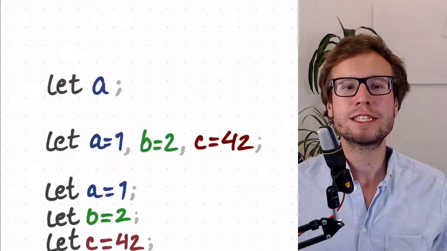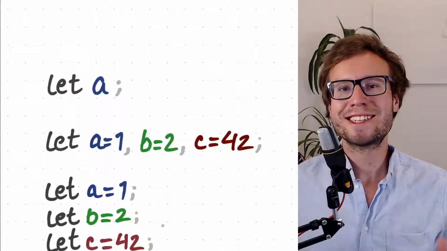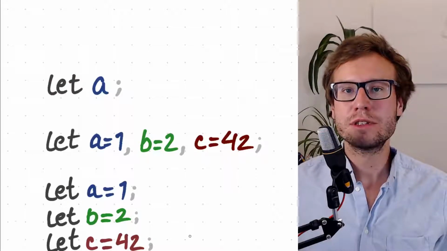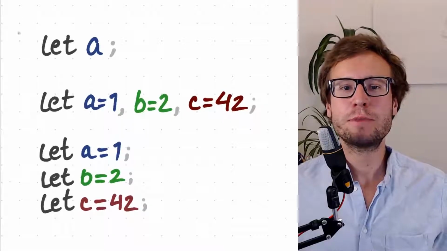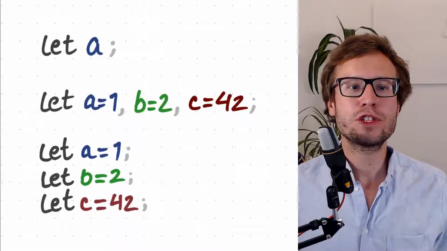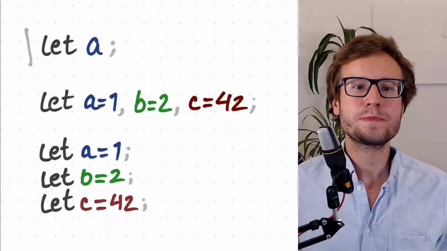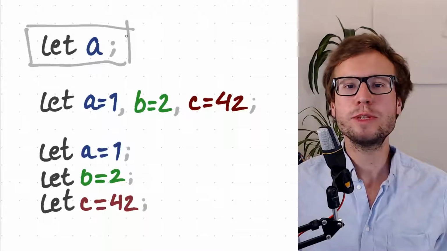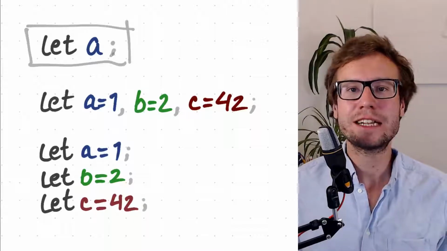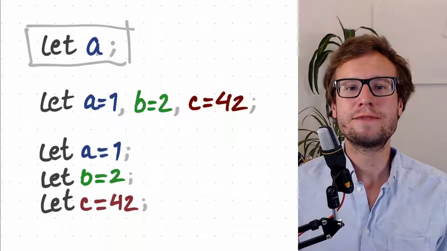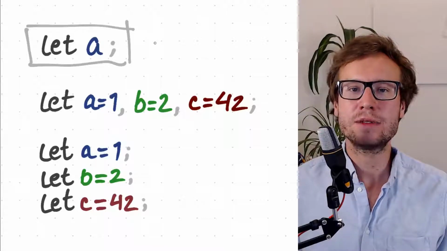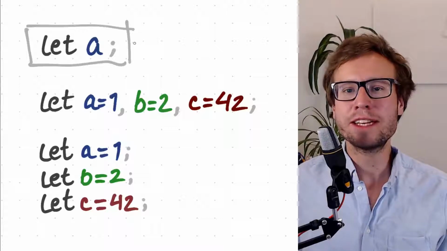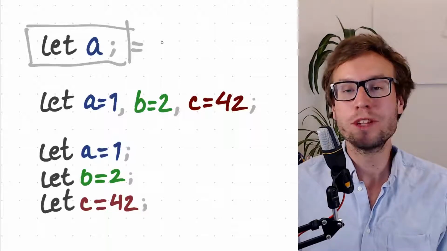In fact, you don't necessarily have to assign an initial value to a variable at all. Here I have a few examples with the let keyword. In the first one, I want to point out that we can do this. We don't need to give it a value. If I'm declaring this variable a, I can just omit an initial value entirely. Now, what does that really mean? It means that there will be a value.